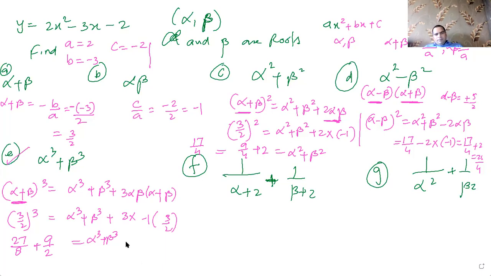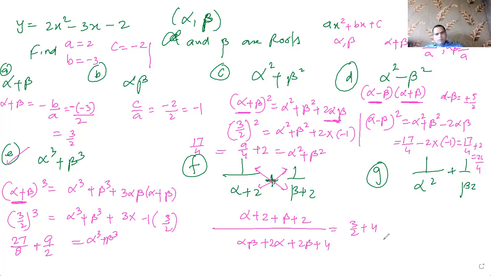And coming to the next part, we'll take the LCM of this. It will be alpha plus 2 plus beta plus 2 over the product of these two. I'm just doing the normal LCM stuff. Opening up alpha plus 2 with beta plus 2, it will be alpha beta plus 2 alpha plus 2 beta plus 4. Alpha plus beta we already know is 3 over 2.